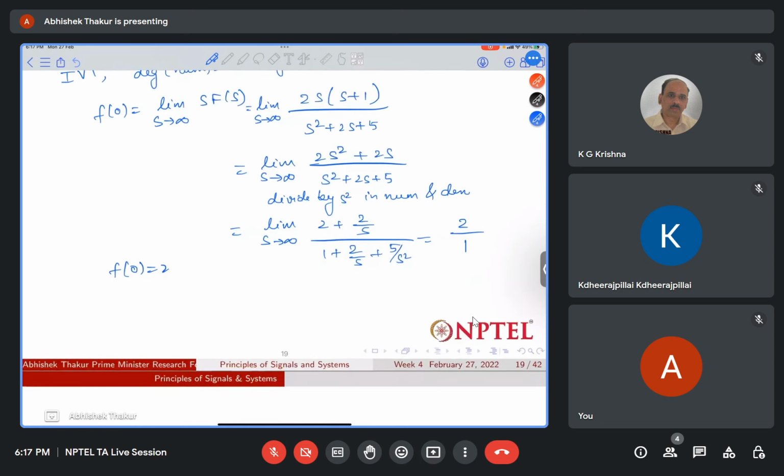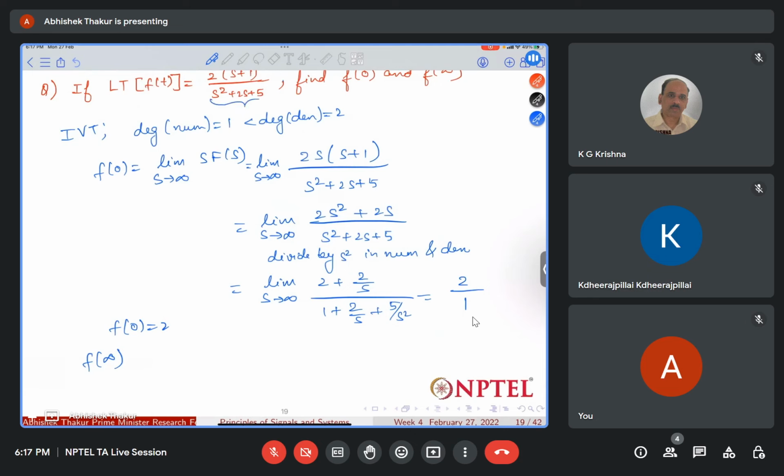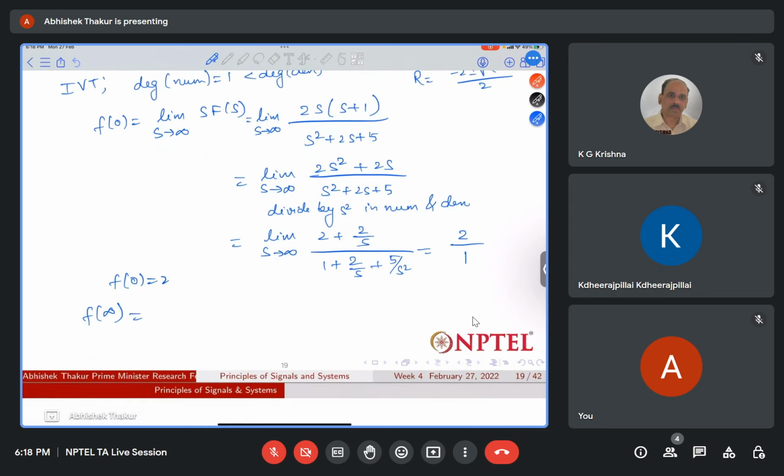Now for f infinite, first we'll check the roots of the denominator, that is, roots equal to minus 2 plus minus square root of 4 minus 20, by 2. These lie in the left side, so it is a stable system and we can apply the final value theorem: f infinite is equal to limit s tends to 0 of s into Fs.